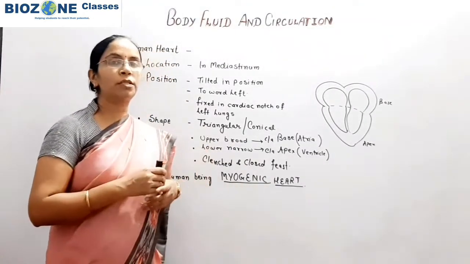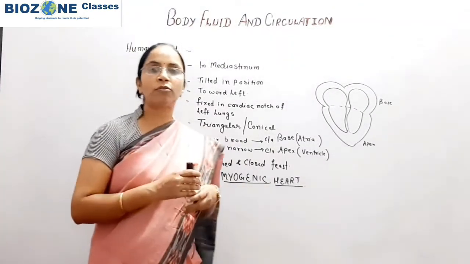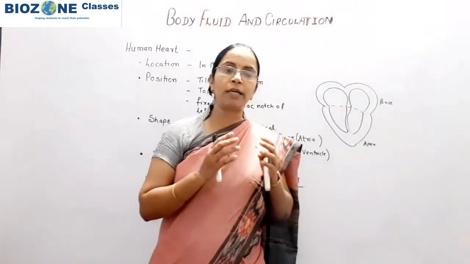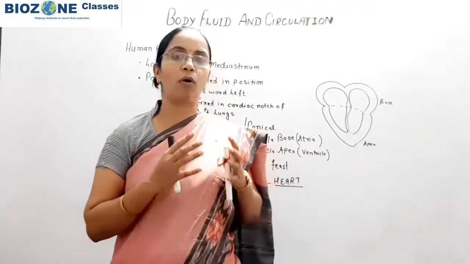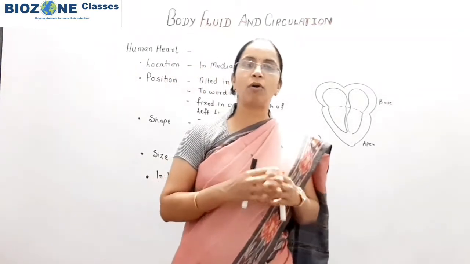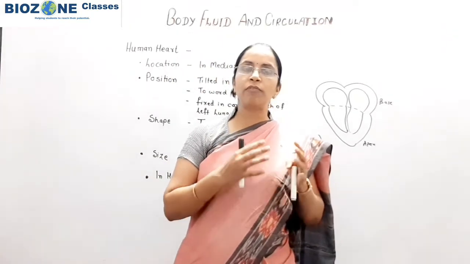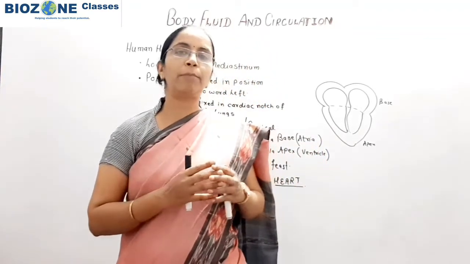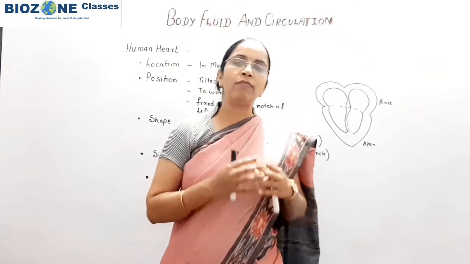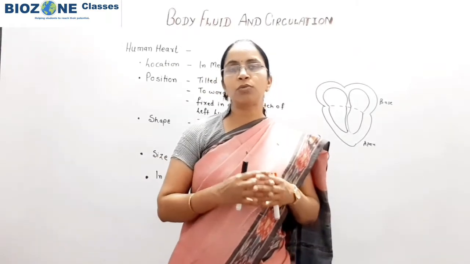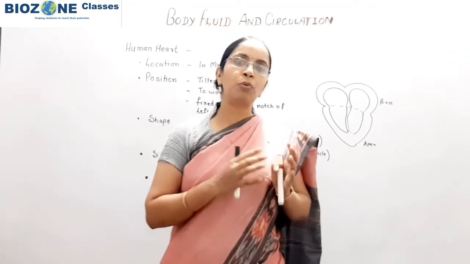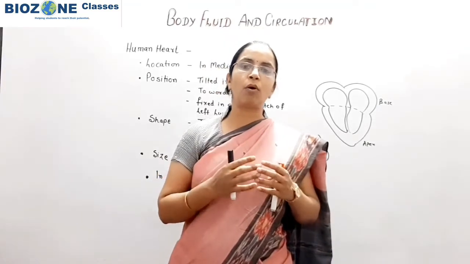Now we come towards the structure of the heart. When we study the heart, it mainly consists of wall, chambers and valves. Don't confuse between the wall and valve. The wall is mainly protective in function, and the valves in the heart are mainly responsible for preventing the backflow of blood.